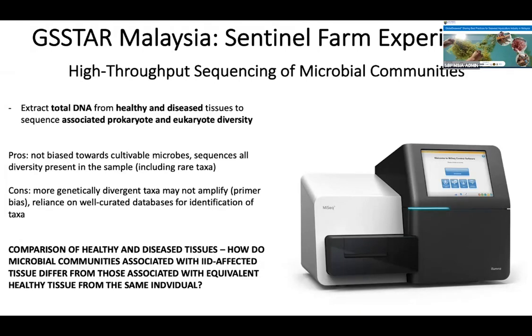There are a couple of drawbacks to amplicon-based methods, and that's that there's a small possibility that genetically divergent taxa present in the sample will not be amplified using these methods. And identification of taxa also relies on very well curated databases to accurately assign taxonomy. But what we're aiming for really is to enable the comparison of microbial communities associated with healthy and IID afflicted tissues.